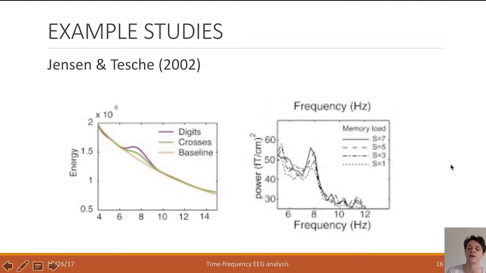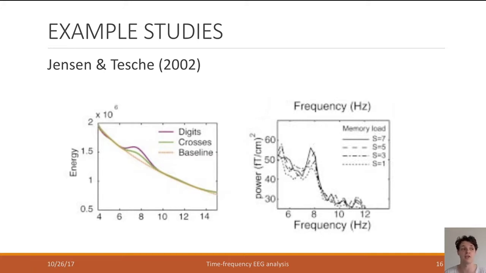And they also found out that specifically in the digit category, if you had a very low memory load with digits, for example, if you only have one digit remembered, then you can see here this dotted line is the lowest one here. And if you have a very high memory load, you see actually a very high peak. So it seems as though the more you use your working memory, the more theta is actually present.